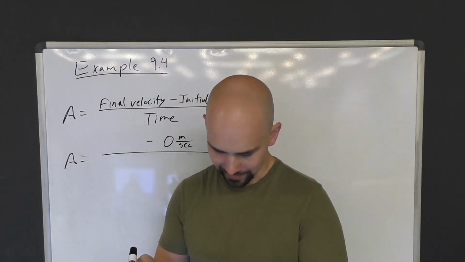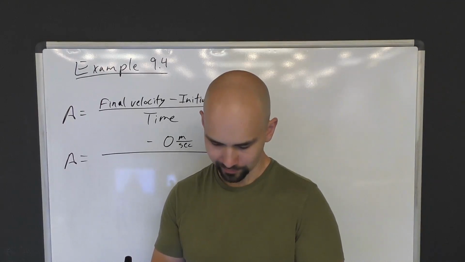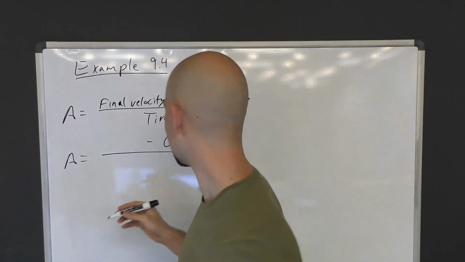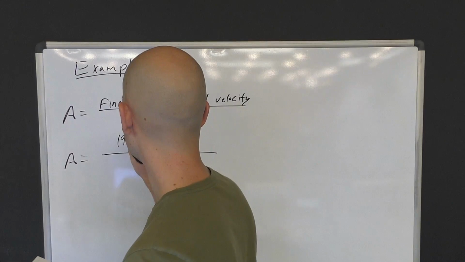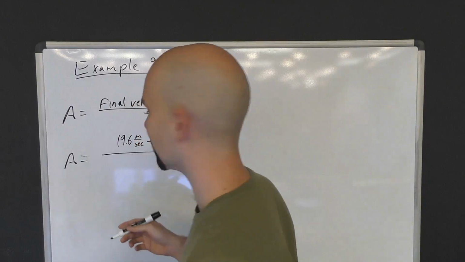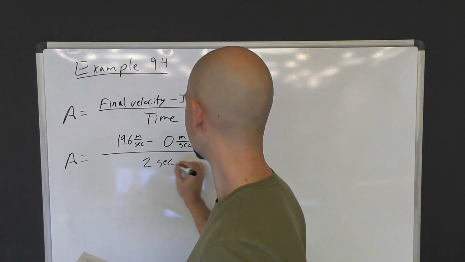And it says that 2 seconds later, it hits the water at 19.6 meters per second. All right, so we know that 19.6 meters per second is its final velocity, because that's when it hits the water 2 seconds later, and the time is that 2 seconds later.